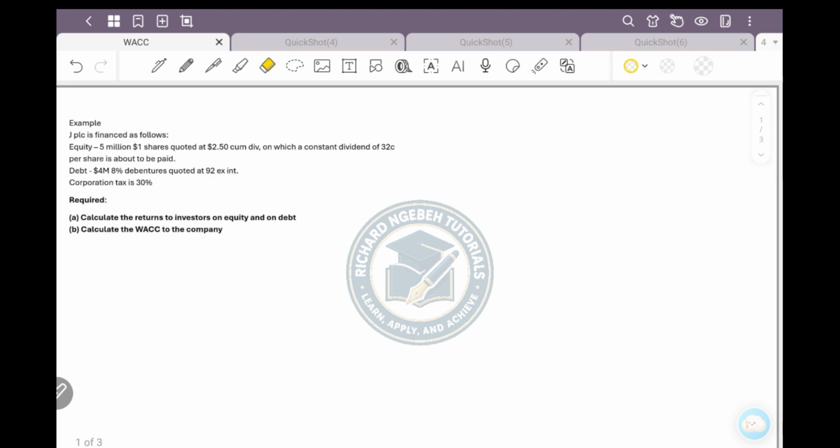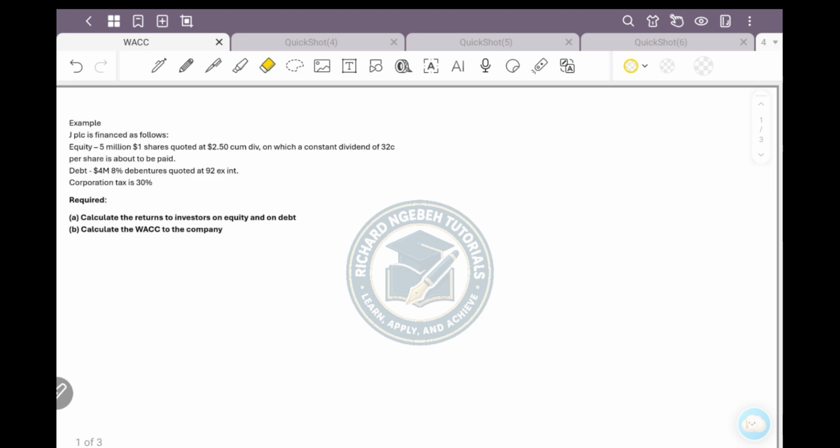Debt is saying you have $4 million, 8% debenture quoted at 92 ex interest. Corporation tax is 30%. Required: A. Calculate the returns to investors on equity and on debt. B. Calculate the weighted average cost of capital to the company.